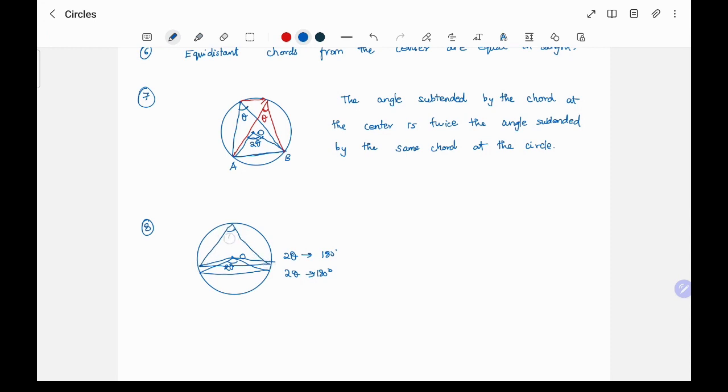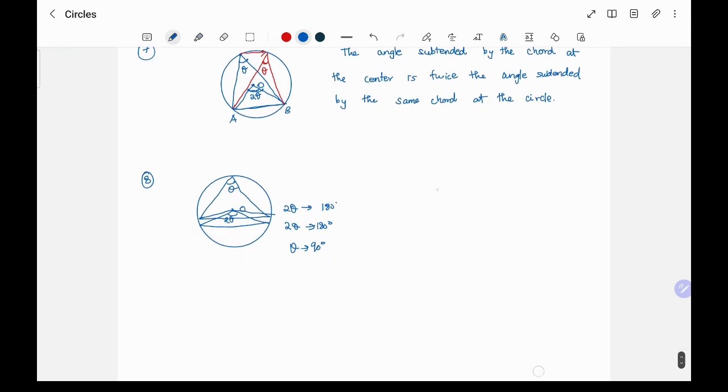This is theta, so theta will tend to 90 degrees. When it becomes 180 degrees, this is nothing but the diameter itself. So AB is the diameter, the longest chord, and the angle subtended by the diameter is 90 degrees. Anywhere you take it, it will be 90 degrees, any angle.